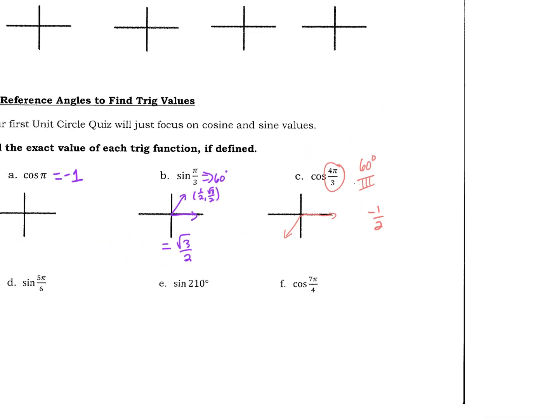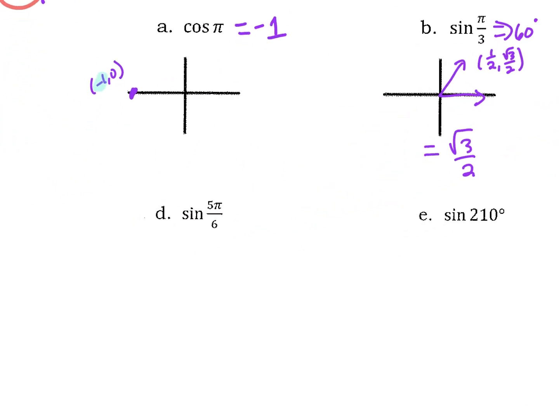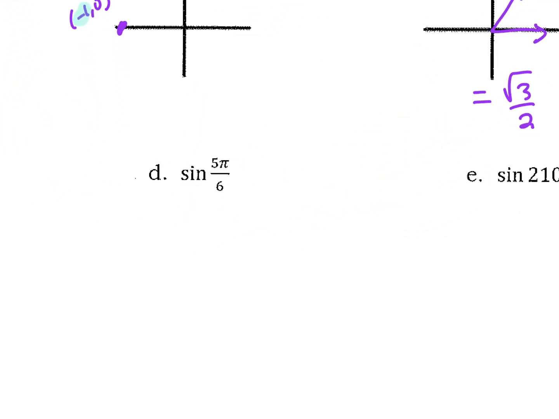All right, onward. Let's think about this one, sine of 5 pi over 6. If it's something pi over 6, then I know I'm talking about a 30-degree reference angle. And 5 pi over 6, I know is in quadrant 2.